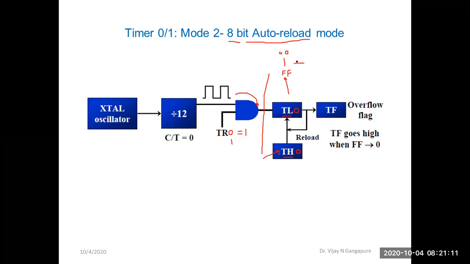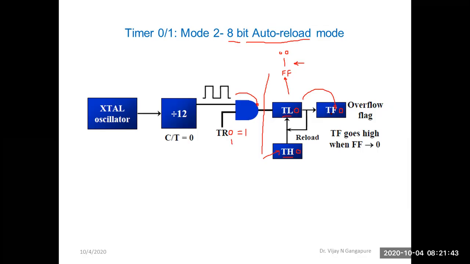So when the count in TL0 becomes FF, and due to one more pulse it again becomes 00, this is called rollover of count from all ones to all zeros, or FF to 00, in TL0. When this happens, it will set the TF bit, in particular the TF0 bit, because we have assumed timer 0. So it will set TF0, that is the timer 0 flag.